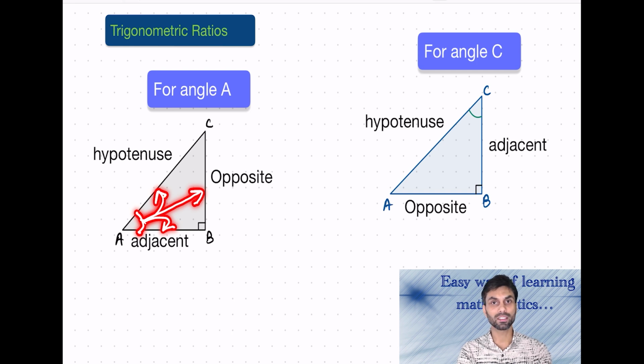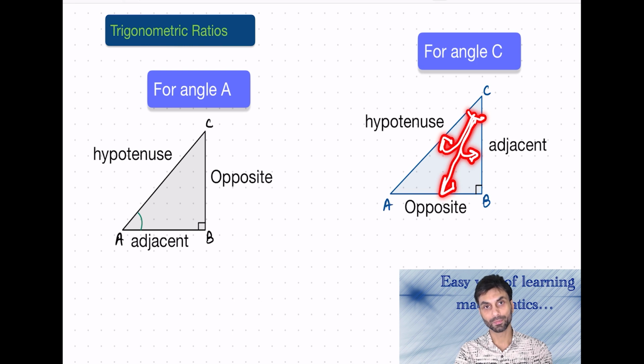In the hypotenuse case, there should be no confusion, as we already know that in a right angle triangle, the side opposite to the right angle is the hypotenuse. Whereas when you talk about angle C, in that case BC will be the adjacent, AB will be the opposite side, and AC will be the hypotenuse.